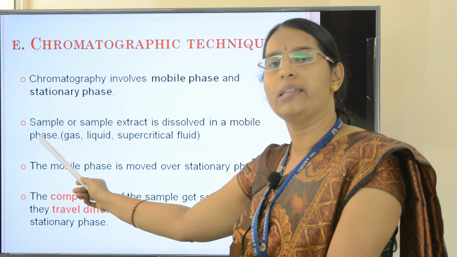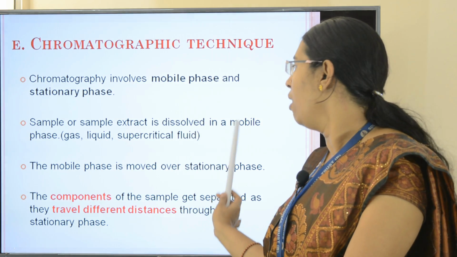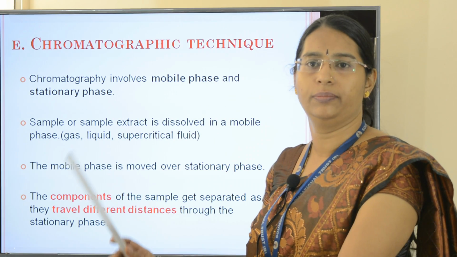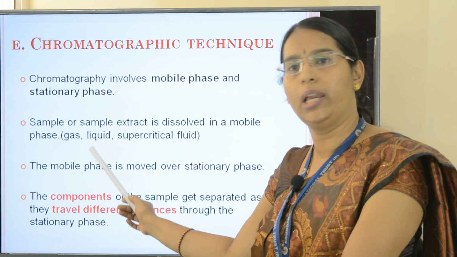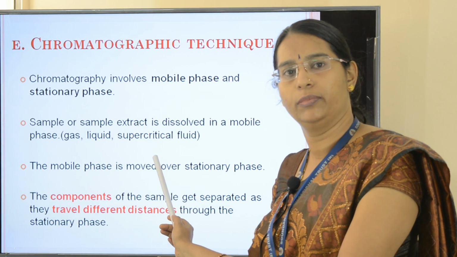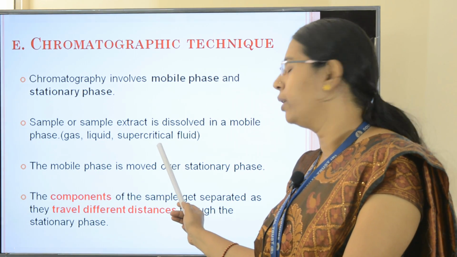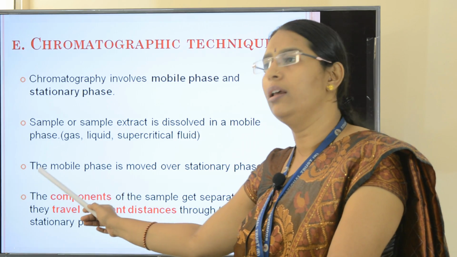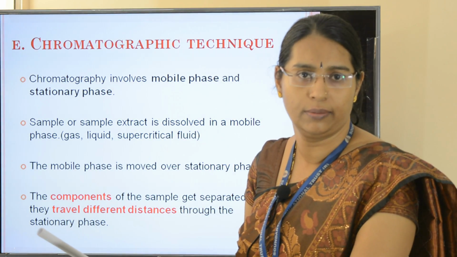So here the sample or the sample extract is first dissolved in a mobile phase. The mobile phase may be either in the form of a gas or liquid, or sometimes it may be a supercritical fluid also. Then this mobile phase is moved over the stationary phase.